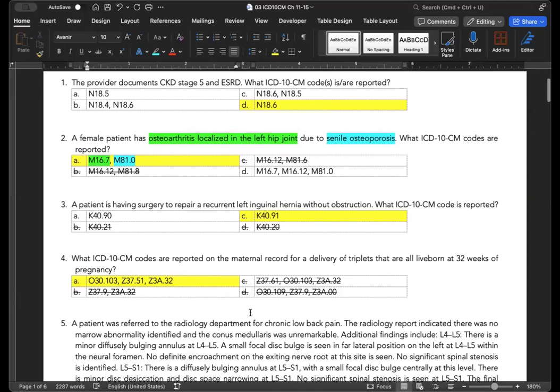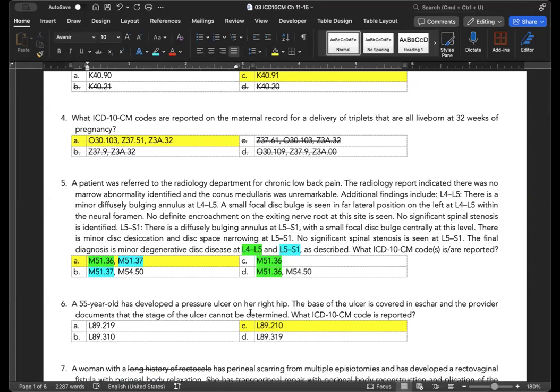Is it one or the other? Because I've been doing this for so long, I am strong enough in my alphabetic index that I can find my codes in the index faster. Whereas until you guys get comfortable with them, your process of elimination is probably going to be where your speed's going to be.